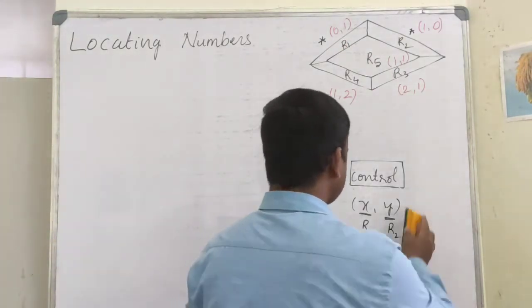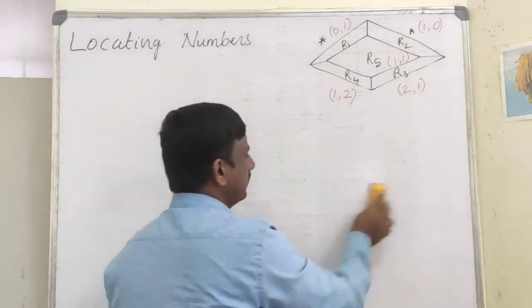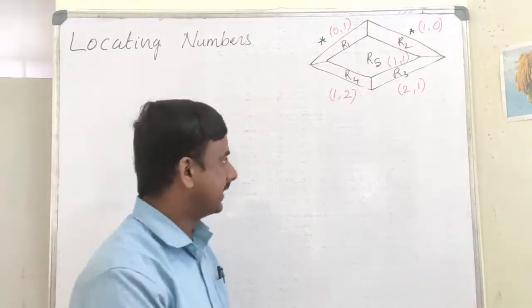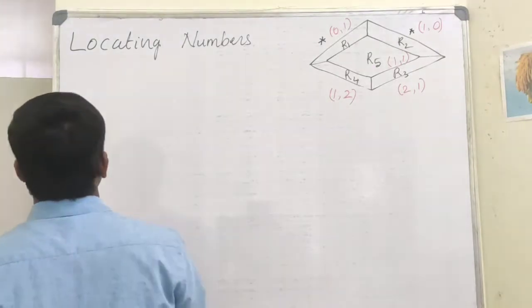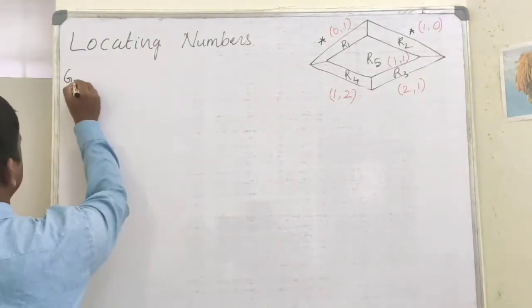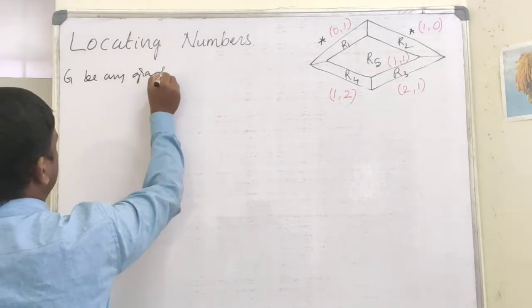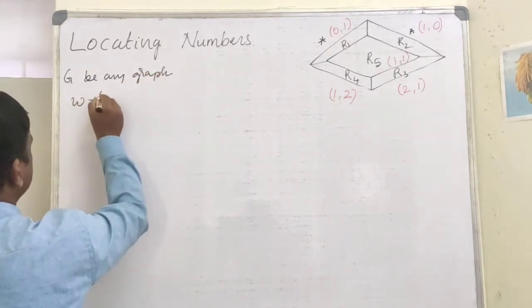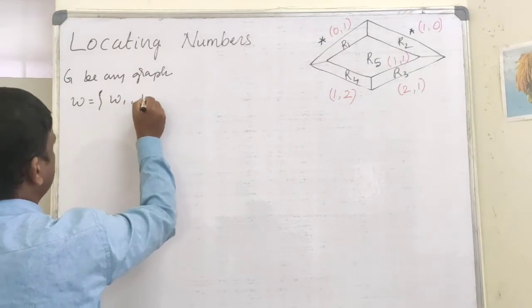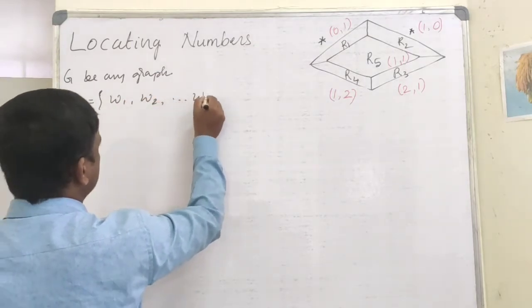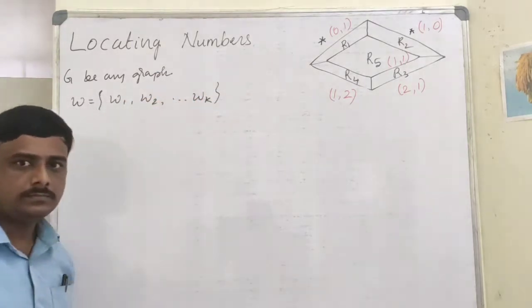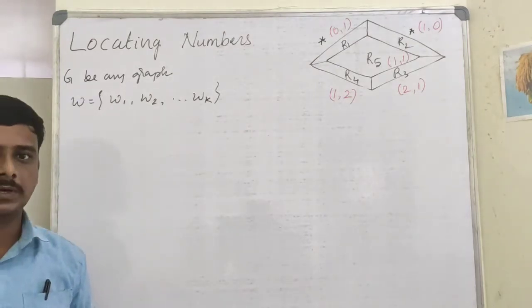Now let G be any graph. I'll take a set of vertices, W equal to W1, W2, W3 and so on up to Wk. I have taken a subset of vertices.